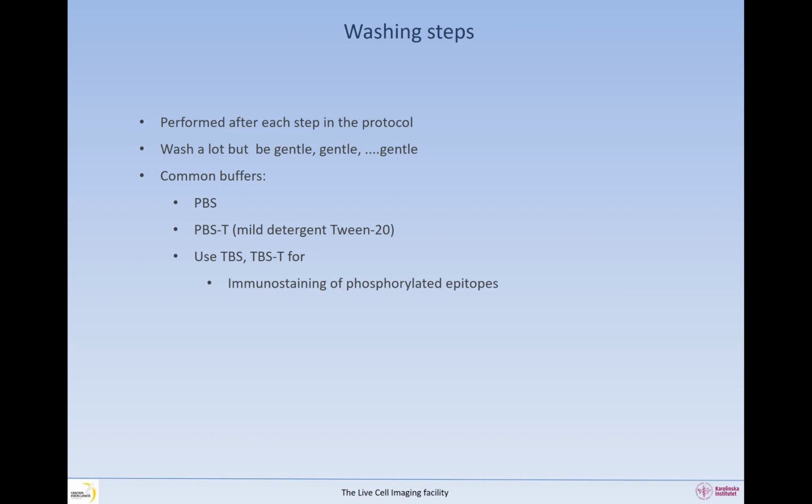If you are immunostaining against phosphorylated epitopes, you should use TBS or TBST, or when you are using chromogenic labeling with alkaline phosphatase. All these things are very clearly specified in the protocols, but sometimes you have a tendency to hop over some washing step or just do them quickly. And that's not good, because it will increase your background quite a lot.